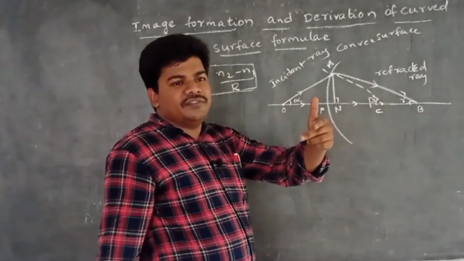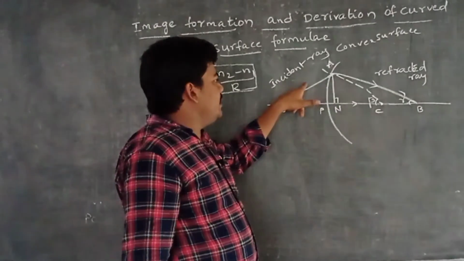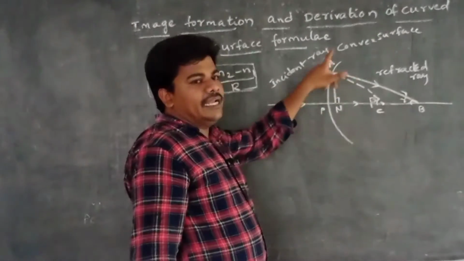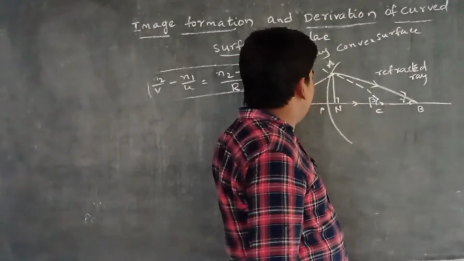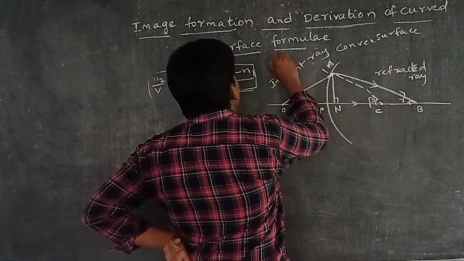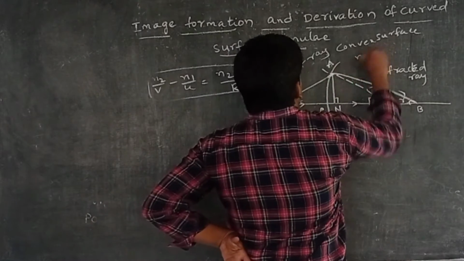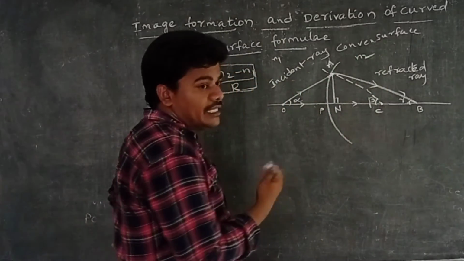From plane surfaces, we know about a light ray incident on a surface. It gets refracted as it travels from the air medium to the denser medium.